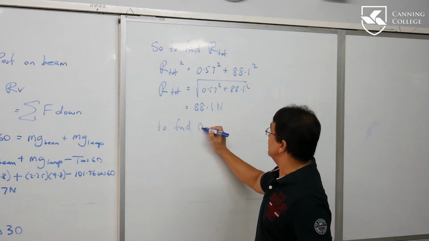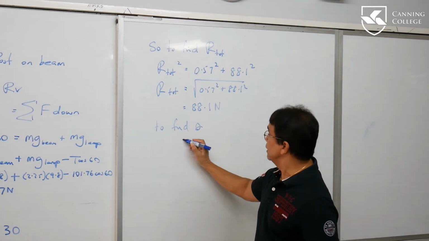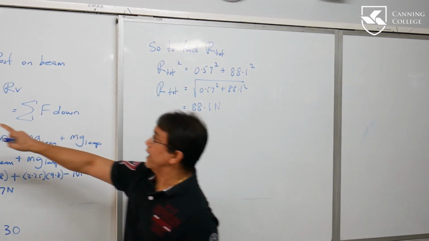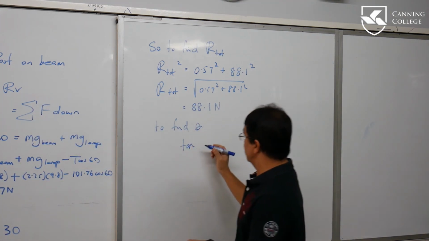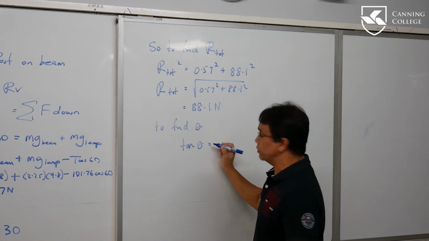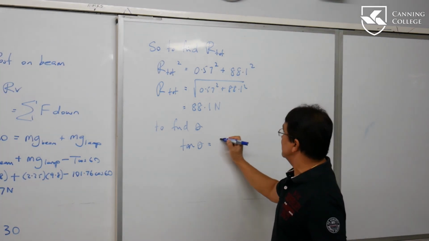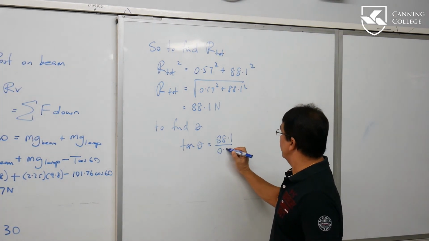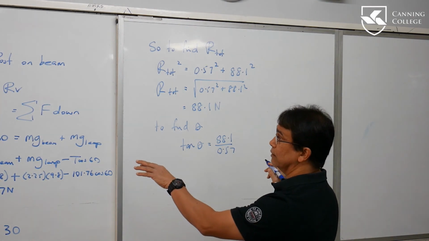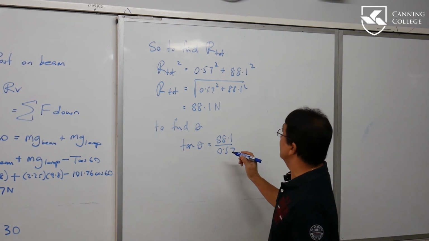To find theta, I'm going to use tangent, because tan of theta is going to be equal to opposite over adjacent. So tan of theta is going to be equal to 88.1 divided by 0.57. Have I done that right? 88.1. Yep, I have.